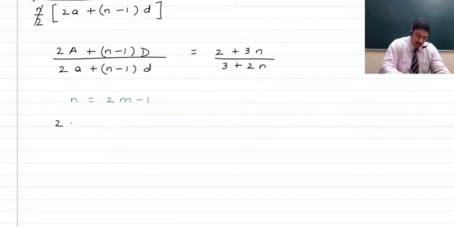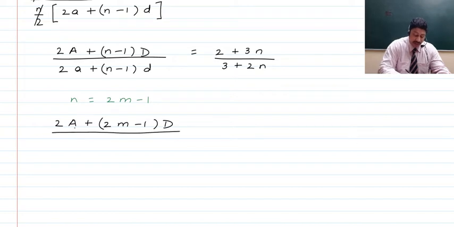So if we talk about 2a plus n, right, in place of n now we are going to keep this 2m minus 1, and then further we will multiply this with capital D, and then we talk about the denominator, that is 2a plus, in place of n now guys we have to keep here 2m minus 1, and remember in the numerator there was also a minus 1, right?